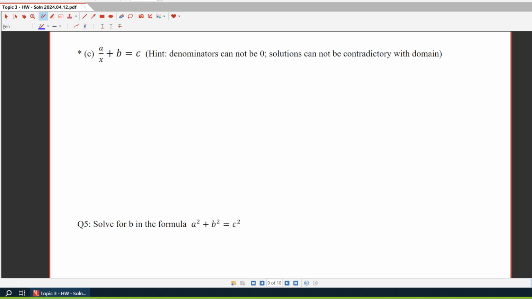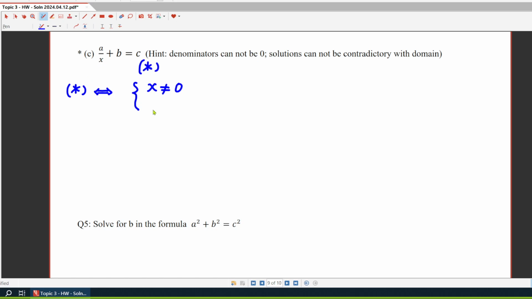Okay, this question C is a little complex, so let's call this equation star. So star is equivalent to, by equivalent I mean the new equation should have the same solution as the original one. So first of all, x cannot be 0, right? Because x is a denominator.